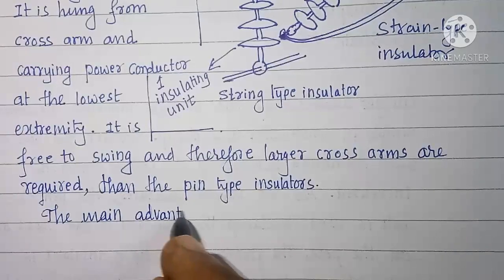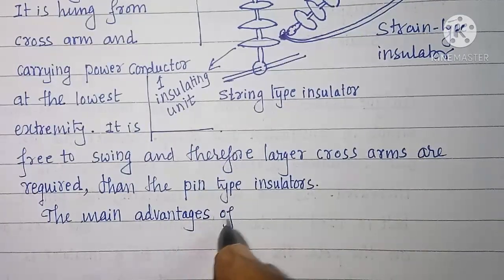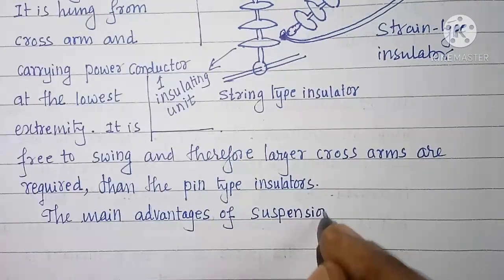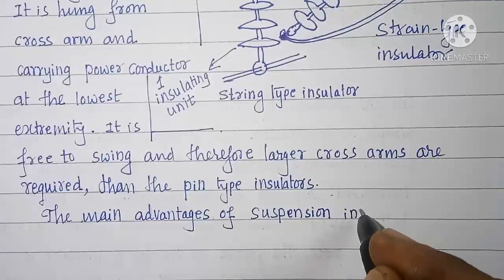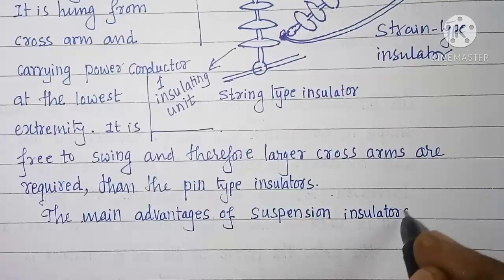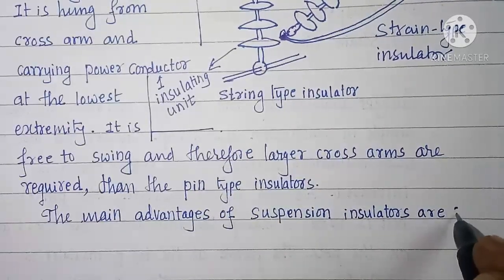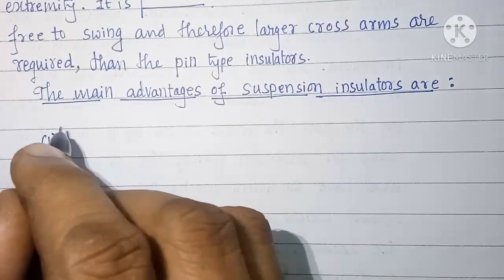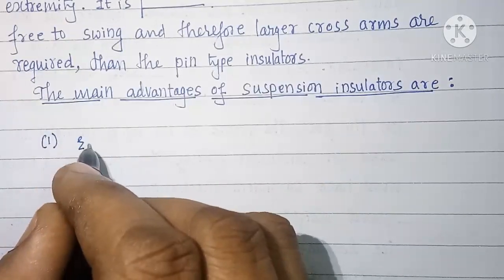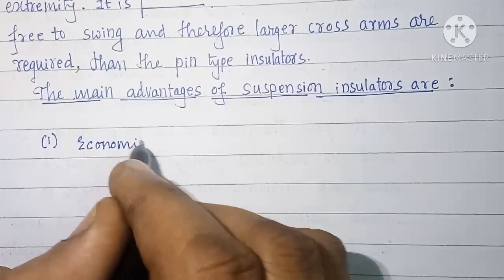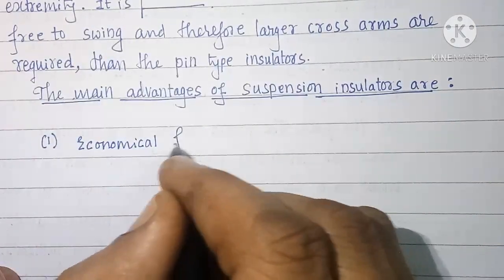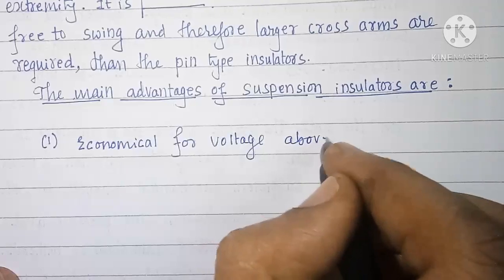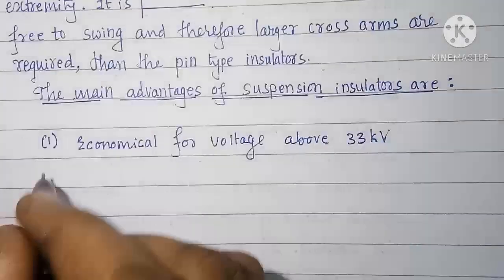The main advantages of suspension insulators are: first, these insulators are economical for voltage above 33 kV.